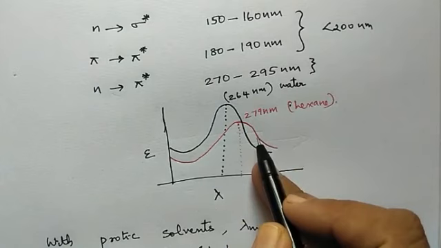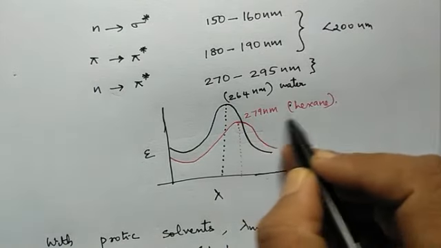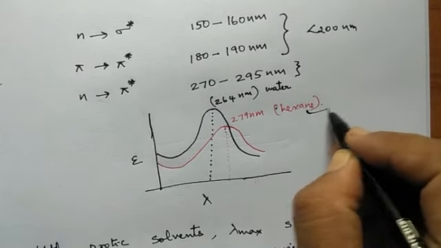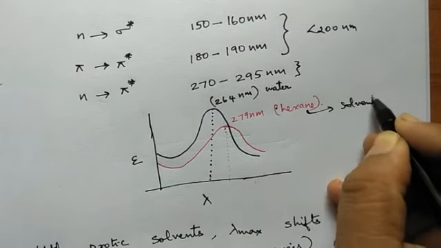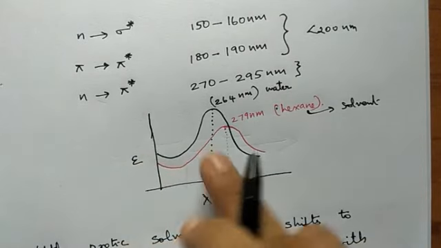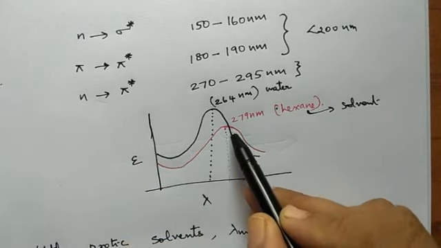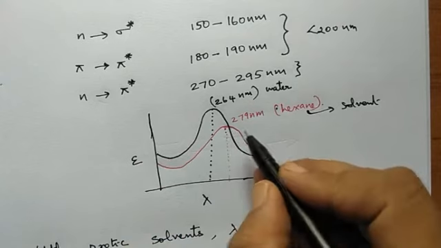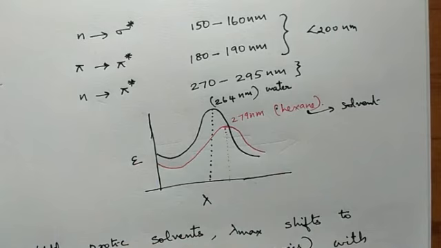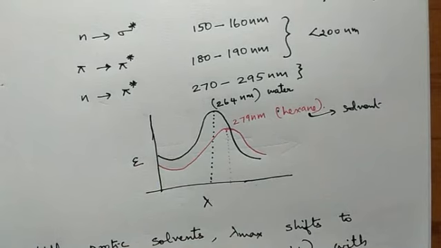In the case of acetone in hexane, when hexane is used as a solvent, the spectra of acetone will be in this way, that is, you will get the lambda max at 279 nanometers. So this is the spectra of acetone in solvent water and also in solvent hexane.